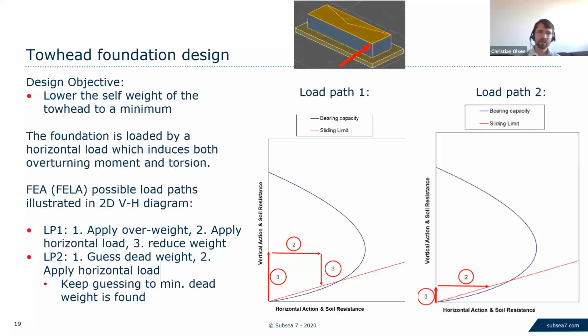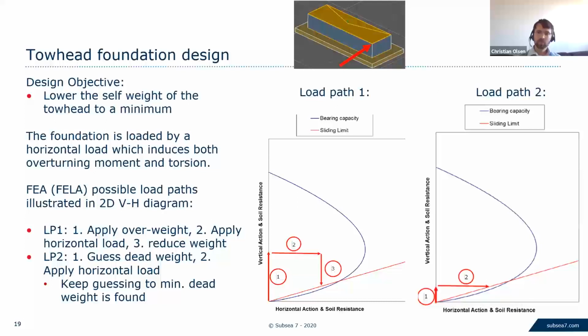This is load path 1. Secondly, we then apply the actual horizontal load. Then we end up inside the stability envelope, but our job is to find out how low the self-weight can be. So step 3 is to reduce the self-weight until we hit the stability envelope, and then we have the minimum weight that can be applied.